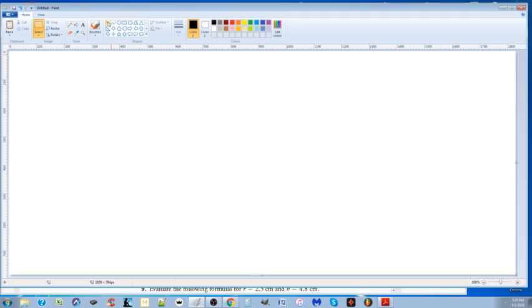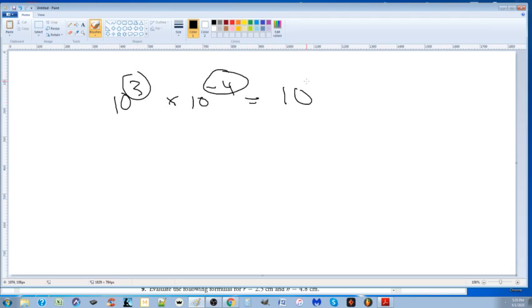Let's go back to what I just did with my 10 to the exponent of 3 times 10 to the negative 4, and I said I can simply subtract these, and I came up with 10 to the negative 1. But let's say I put them in fraction form. Peter, didn't you tell me that 10 to the negative 4 is the same as 1 over 10 to the positive 4? Yes, it is. That's right.